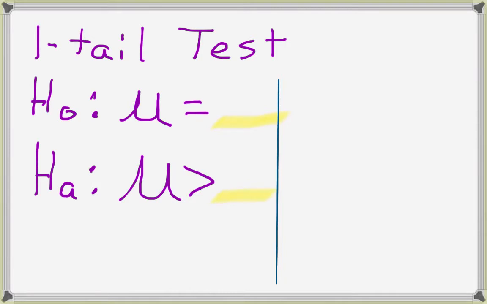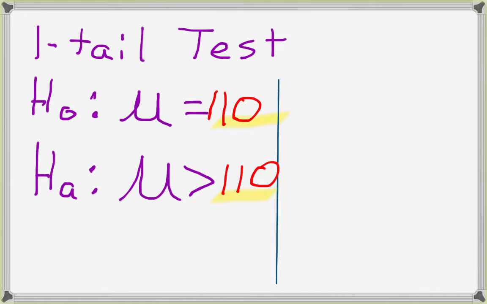So what I'm doing here, where that blank space that I highlighted, those are actually the same number. So if someone says the IQ scores at Shawnee State University are 110, that's the claim. You may think that it is higher than that. So what it would look like when you write this is, 110 there. You're going to drop 110 there.